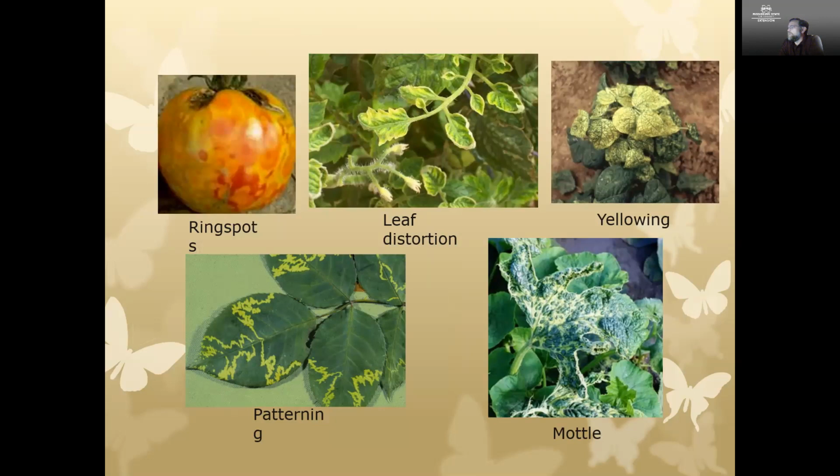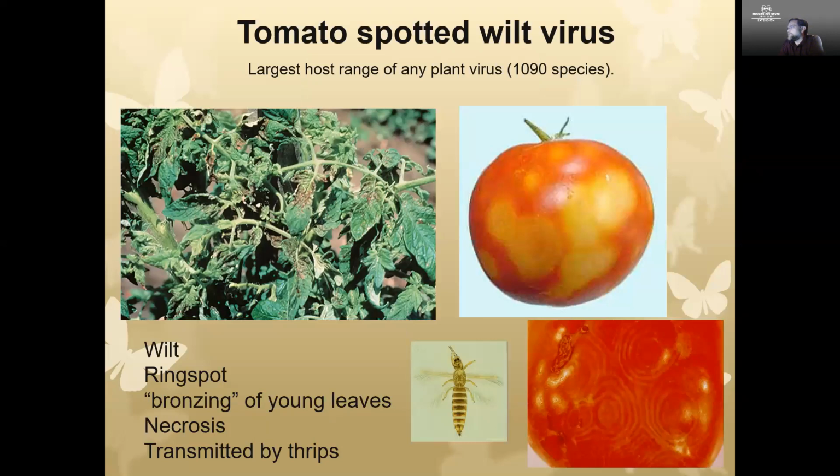That's what we refer to as a mottle or a mosaic. And then ring spots. And ring spots, just what it sounds like. It's a spot, but it kind of has a ring-like shape to it. You can see actually a better picture of ring spot down in the bottom right of this picture.